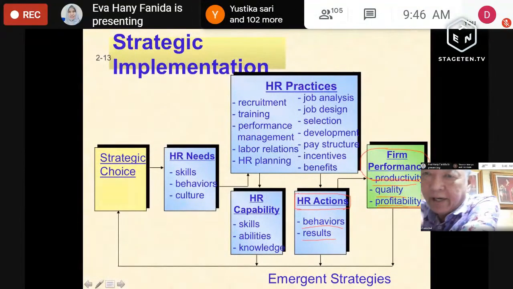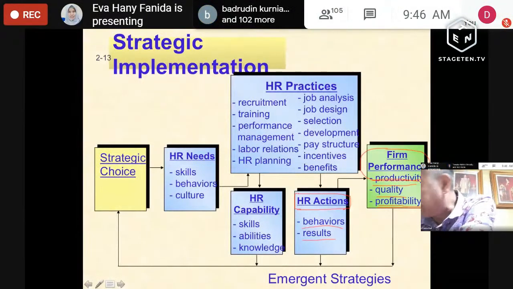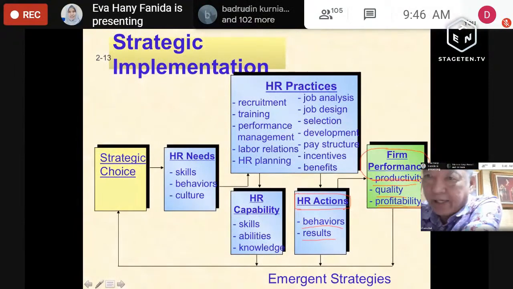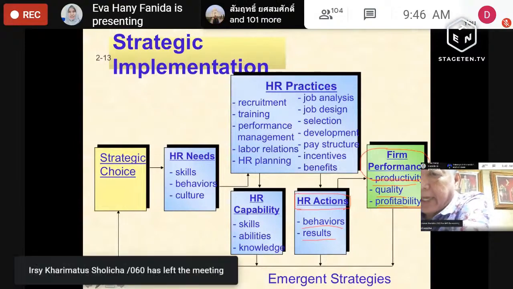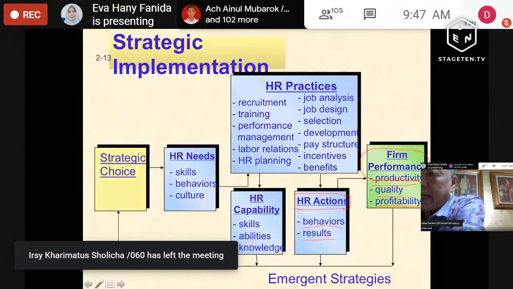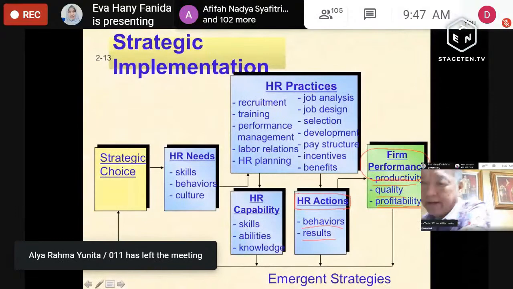And then how can we achieve this? How can we get this? So we need HR practices. And then after we experience HR practices, we will get two things: HR capability and HR action. And HR action will lead to firm performance.